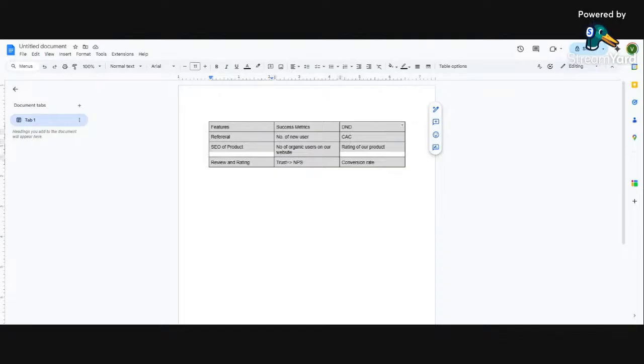Additionally, since we had discussed this, this was the referral feature. In the case of the Amazon example that we have here, we have the L0 as the user referral. Secondly, the L1 would be the referral conversion rate.